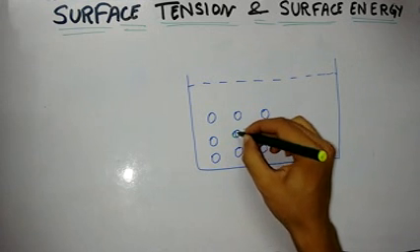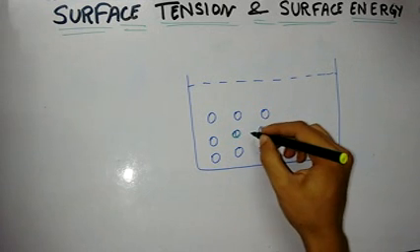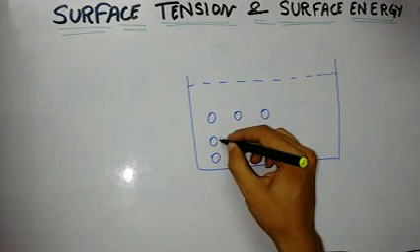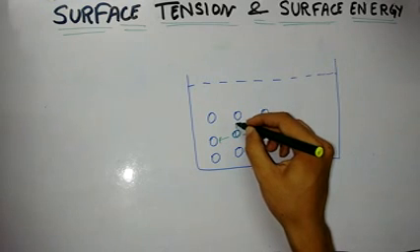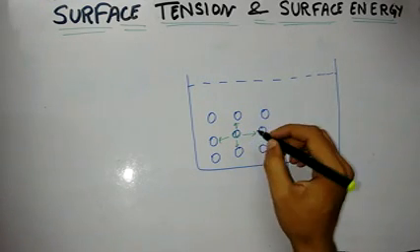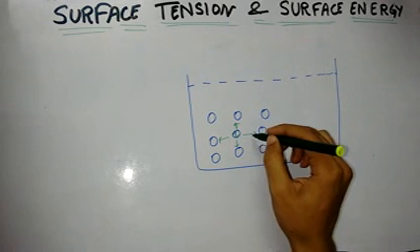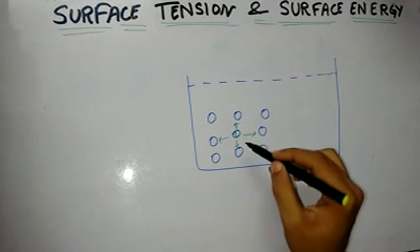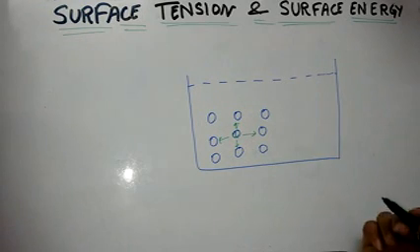The force on this molecule would be like attracting force by this molecule, by this molecule, by this molecule, and by this molecule. So it is in equilibrium, these forces cancel out, and that's why it is in equilibrium.